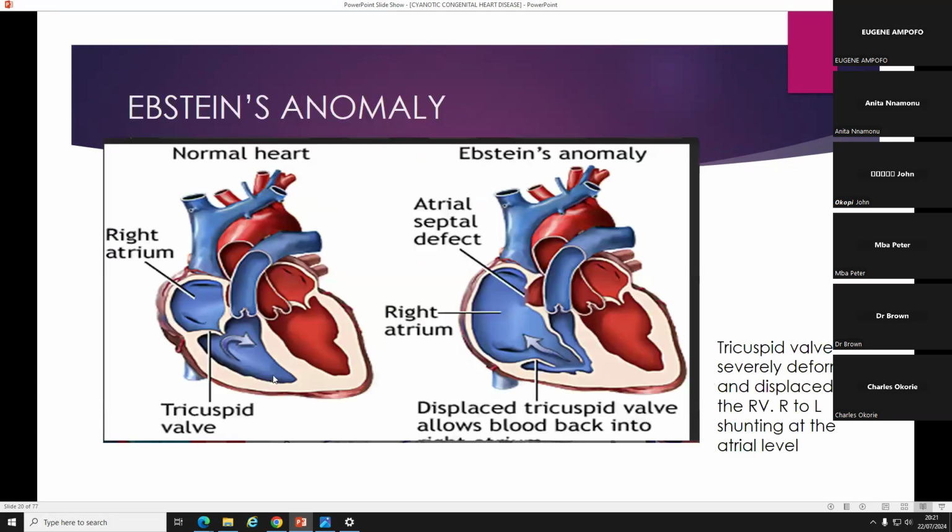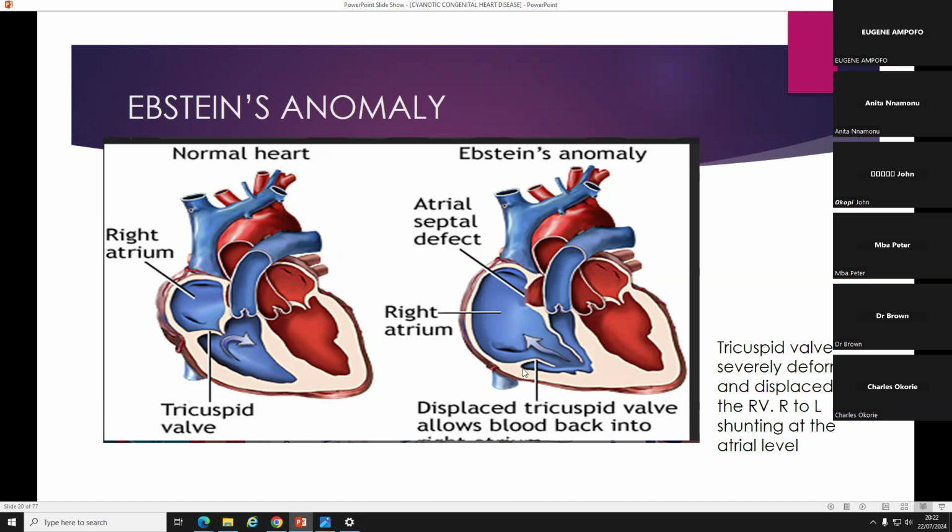In Ebstein's anomaly, on the left, you can see a normal heart, normal right ventricle, normal right atrium, normal tricuspid valve. On the right, however, you can see there is atrialization of the ventricle, because the tricuspid valve is placed quite apically.